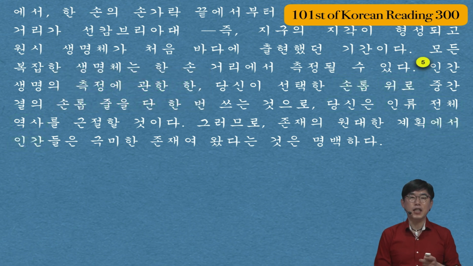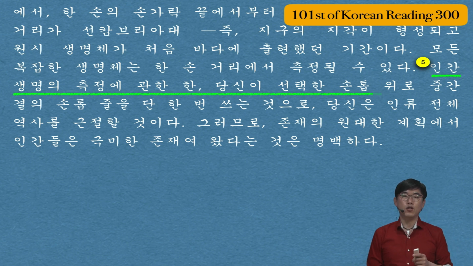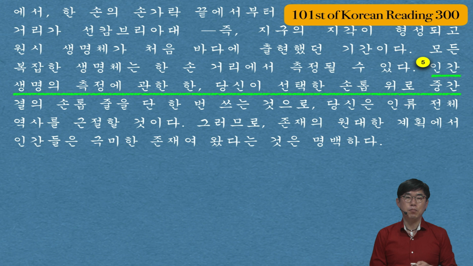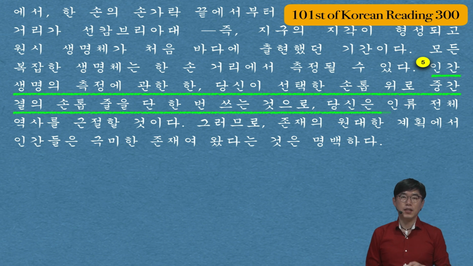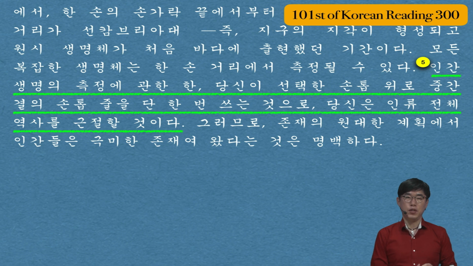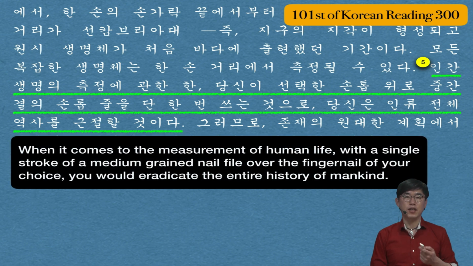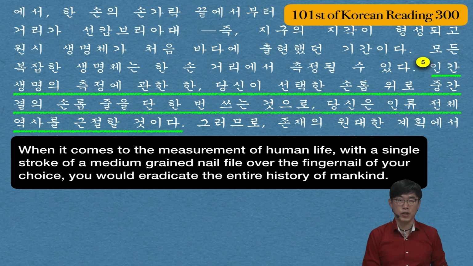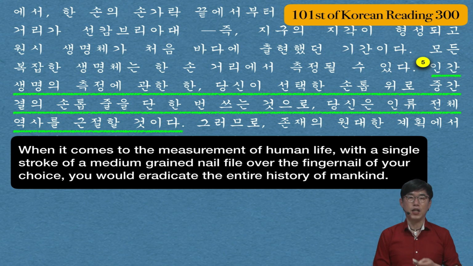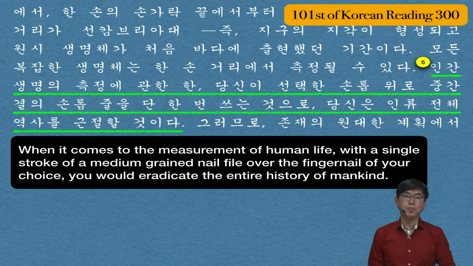So 인간 생명의 측정에 관한 한 당신이 선택한 손톱 위로 중간결의 손톱줄을 단 한 번 쓰는 것으로 당신은 인류 전체 역사를 근절할 것이다. When it comes to the measurement of a human life with a single stroke of a medium-grained nail file over the fingernails of your choice, you would eradicate the entire history of mankind.